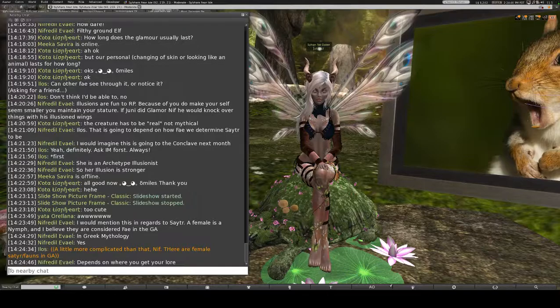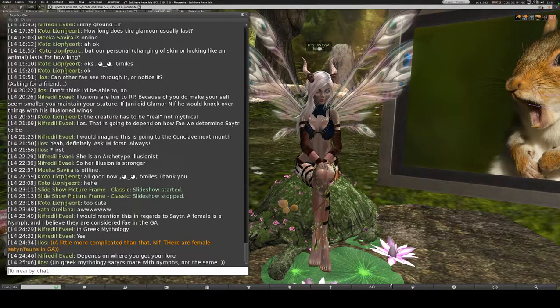A nymph is not necessarily a female satyr. It depends upon your lore, but in game speak, a fawn isn't technically a nymph. I mean, if you want to go that route, then satyrs are a type of nymph as well. Do you know what I'm saying?